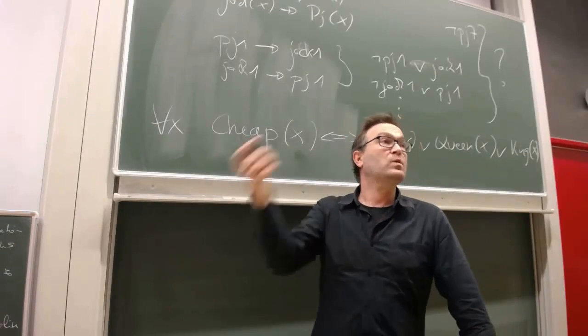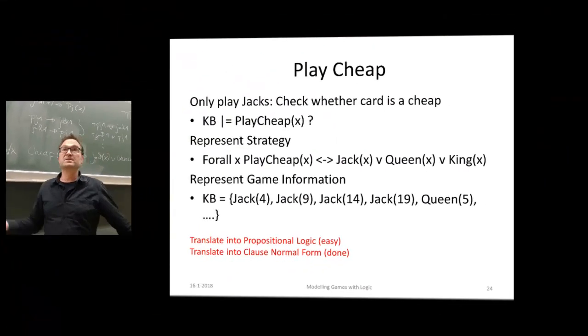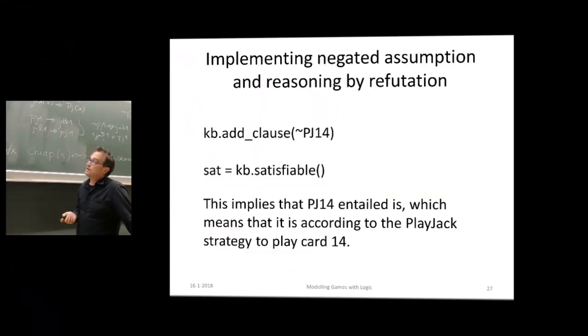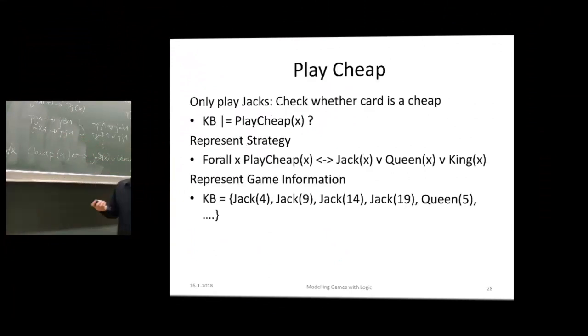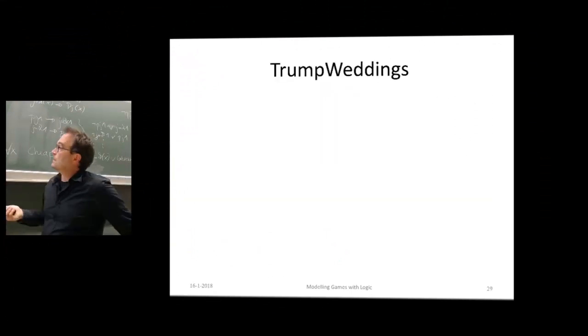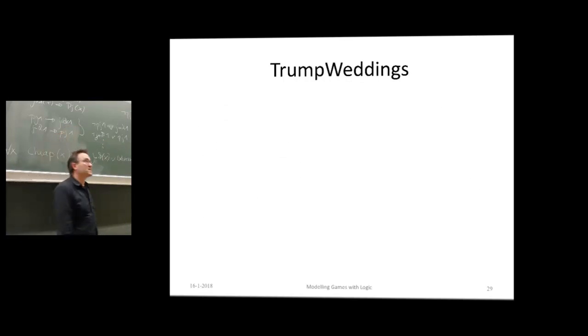The next step will always be how to translate this back into propositional logic. One last strategy that I want to think of is a trump wedding. So you always play, if you have a queen and a king from the trump color, you always play it first.